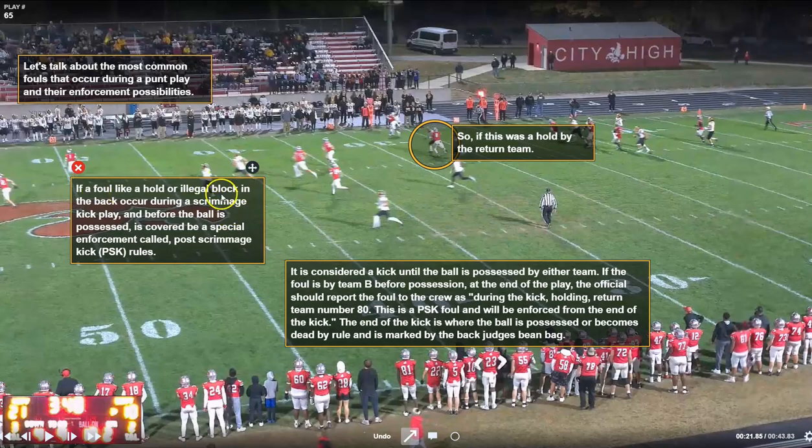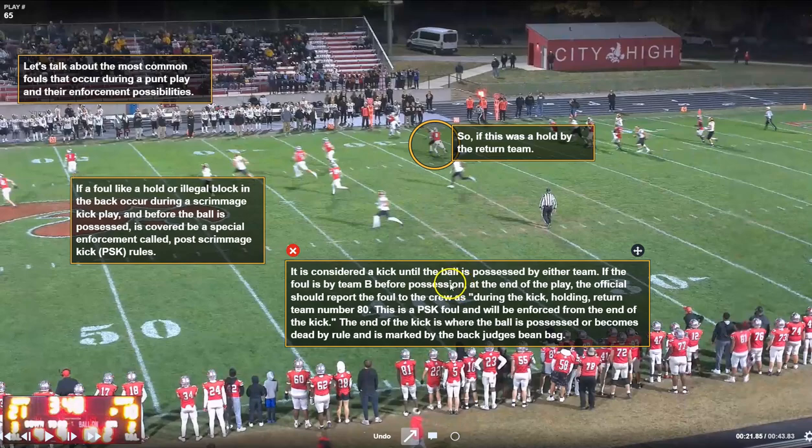Okay, so a foul like a hold or an illegal block in the back during the kick play before the ball is possessed is covered by a special set of rules called post-scrimmage kick rules, PSK. And this is important. It's considered a kick until the ball is possessed by either team.